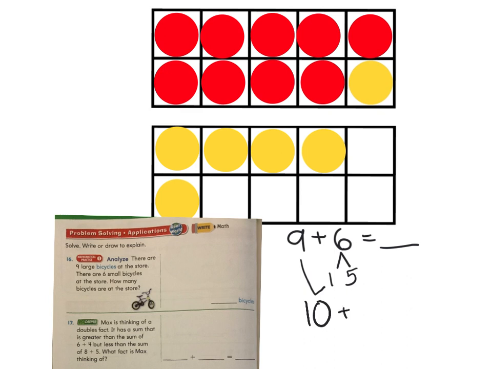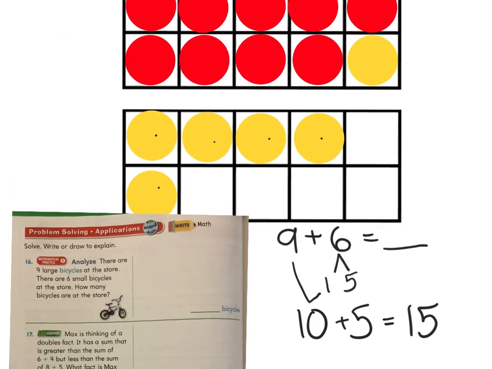And then we have 5 left over right here. So 10 plus 5 equals 15. That means our original number sentence 9 plus 6 equals as well 15. So how many bicycles are at the store?